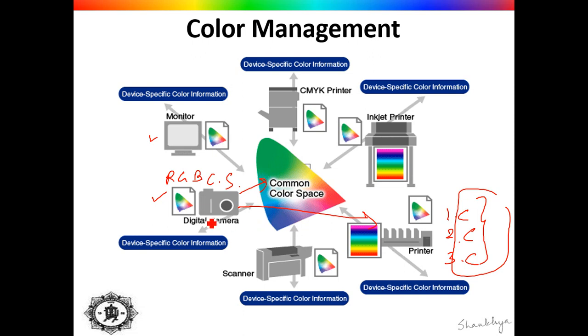So in this case, what we do is we convert the RGB color space, which is a device dependent color space, into a device independent color space. We convert the image from RGB color space to an image in the device independent color space. This may be XYZ, this may be LAB, whatever is required for the particular purpose.